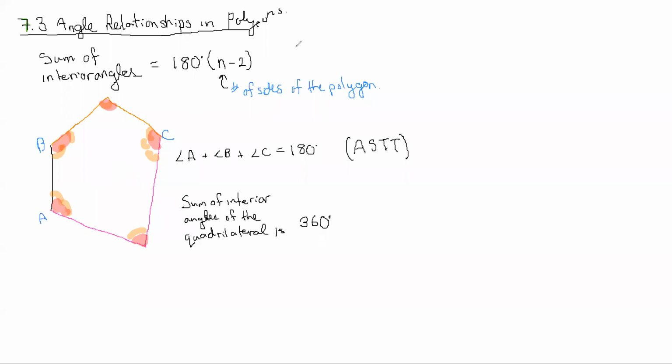In other words, I just have to add 180 plus 180 plus 180. Sum of interior angles of, in this case, a bit of an unusual pentagon, I'm just going to say of a five-sided shape, is 540.